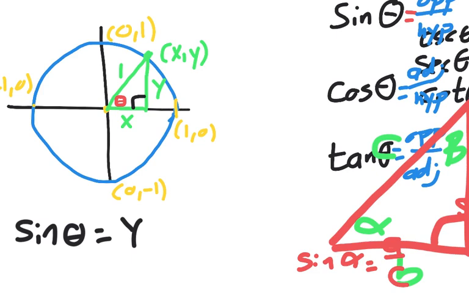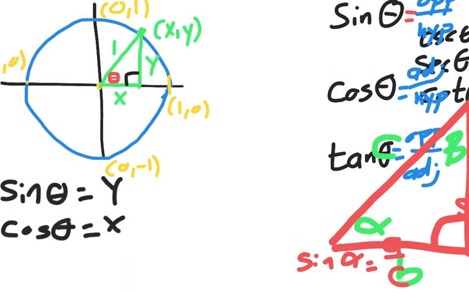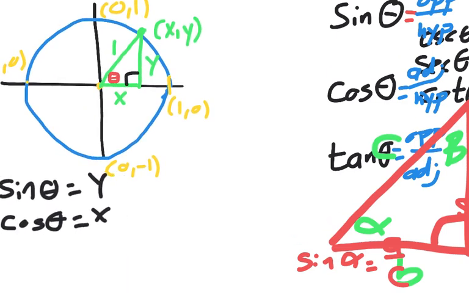Now let's look at cosine of theta. From this same angle, what would be the adjacent side? X over the hypotenuse, 1, which would just be x. And then lastly, we have tangent of theta. So tangent of theta would be the y value over the x value, right?